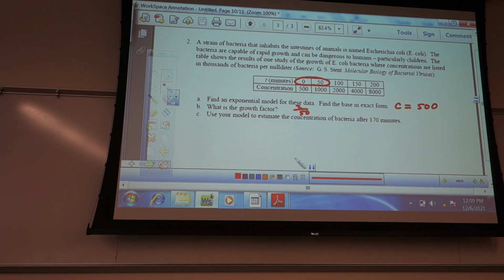Does that sort of make sense? So it's kind of like your slope, your change in y over your change in x. It's a little bit trickier. Your x should always go up linearly. So here, this is for every 50 minutes.